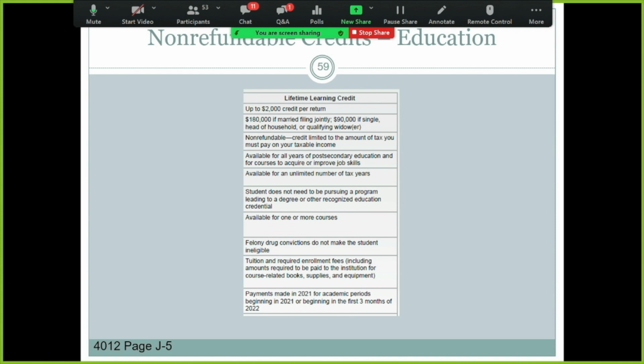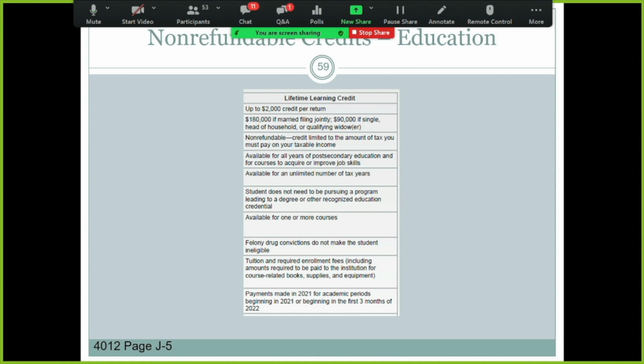A felony drug conviction does not impact your eligibility. Tuition and required enrollment fees, including amounts required to be paid to the institution for course-related books, supplies, and equipment. Payments made in 2021 for academic periods beginning in 2021, just like the American Opportunity Credit, or beginning in the first 3 months of 2022.